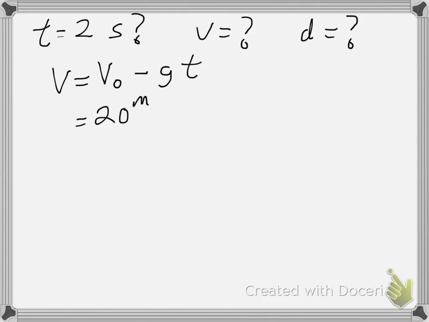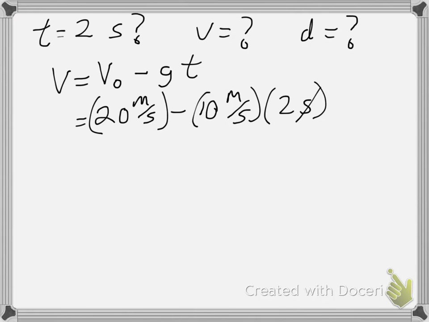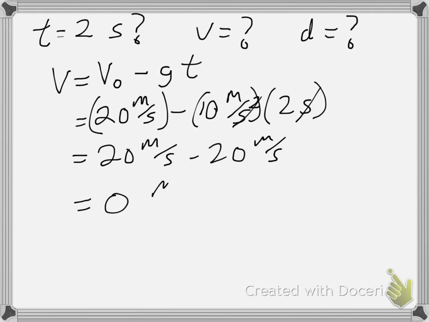So this is going to be 20 meters per second minus 10 meters per second squared times 2 seconds. And so what we're going to get is 2 times 10 is 20, and we have to subtract that from 20. So this overall thing is going to be 0.